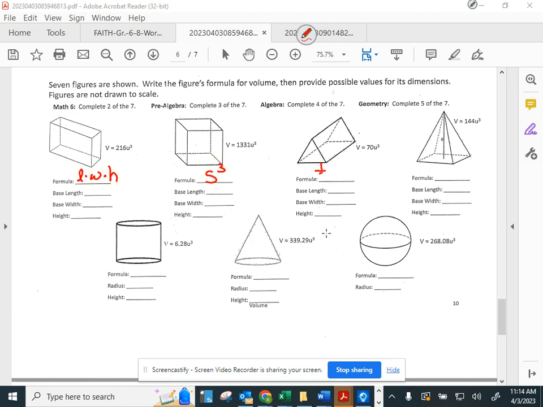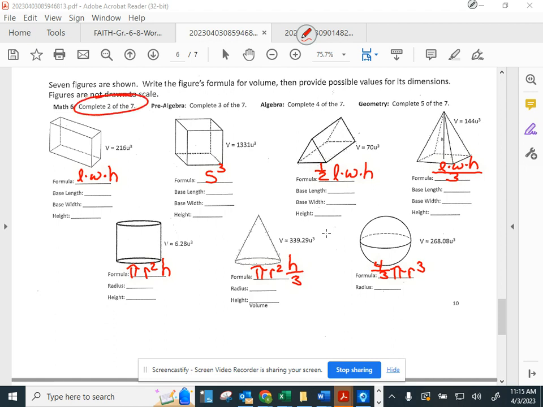Formula for the triangular prism is 1/2 the length times the width times the height. Our pyramid is length times width times height divided by 3. Our cylinder is pi r squared times the height. Our cone is pi r squared times height divided by 3. And the sphere is 4/3 times pi r cubed.